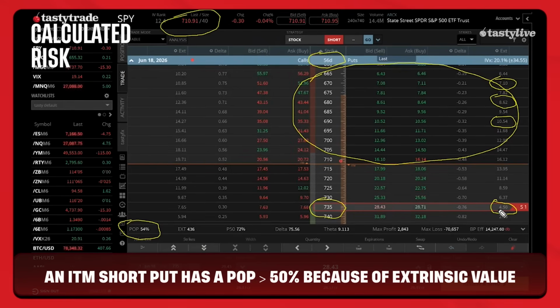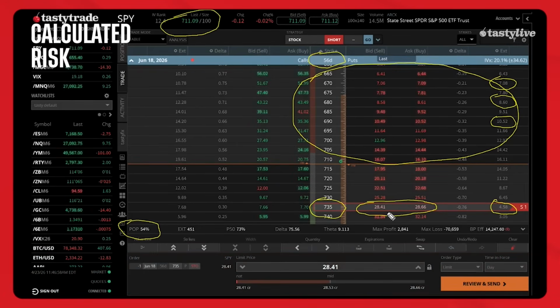And also, another very important thing to recognize here is if you sell an in-the-money option, like for instance, if I sell this 735 strike, not only am I collecting the extrinsic value, but the option price that you see right here is built from not only extrinsic value, but also intrinsic value, of course. And option prices must sell for at least their intrinsic value at minimum. And so whatever intrinsic value the option currently has, I'm going to collect that on order entry.